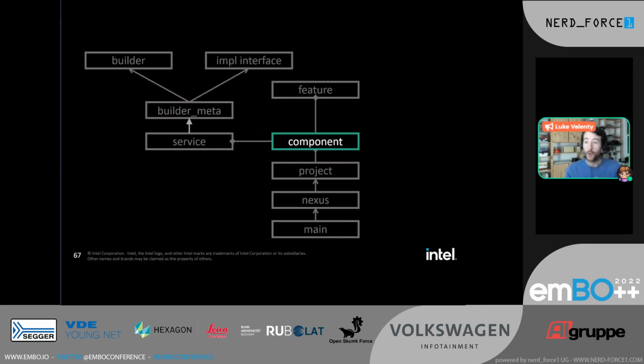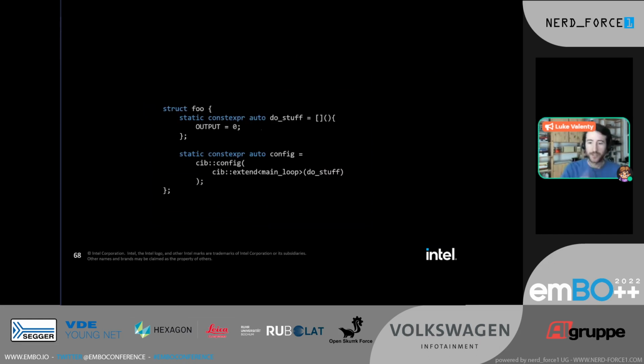But what do our components look like now? Well, we can do a very similar pattern with the components. Instead of putting them in namespaces, we can put them into a struct or a class so that we can reason about them and move them around. We have our function for doing the important stuff, and we could have multiple functions.